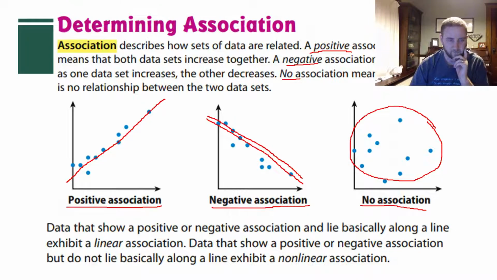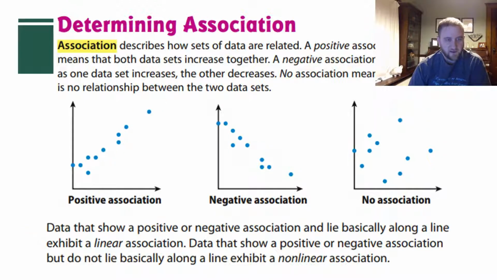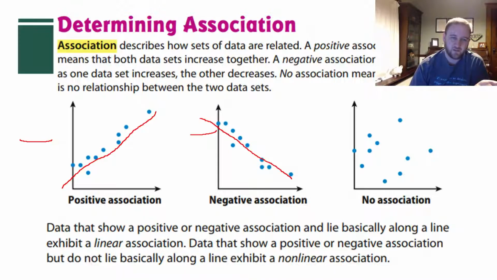Okay. Then data that show a positive or negative association and lie basically along a line exhibit a linear association. So you can see, let me erase these marks real quick. Like this and this, the points don't lie exactly on a straight line, but they lie mostly on a straight line. So we would say that these are pretty close to being linear.